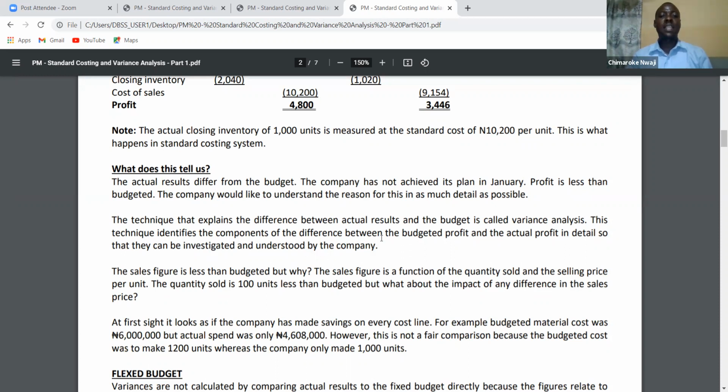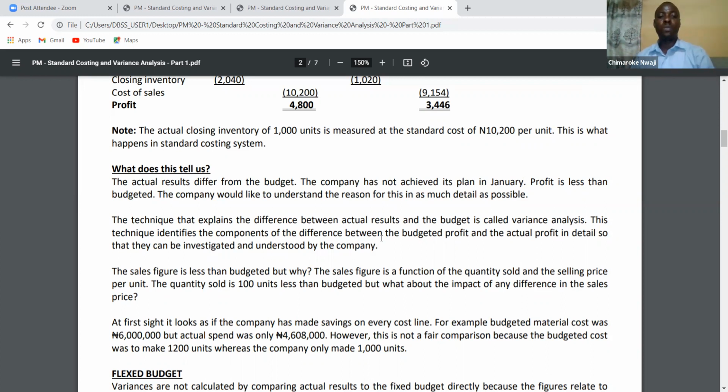So the technique that explains the differences between actual results and budgeted figures is called variance analysis. So when you see a profit figure different from the budgeted profit figure, the only way to explain those differences is to conduct a variance analysis.